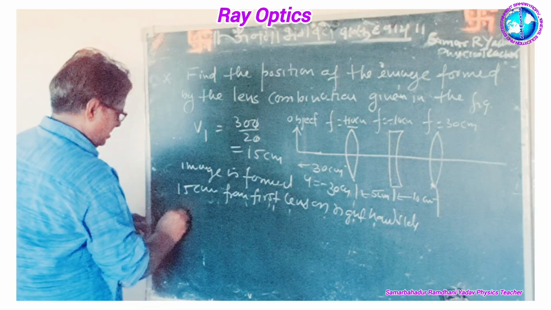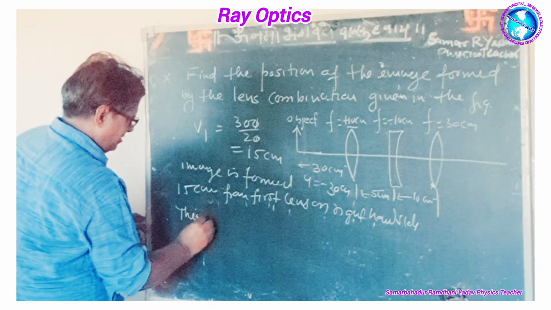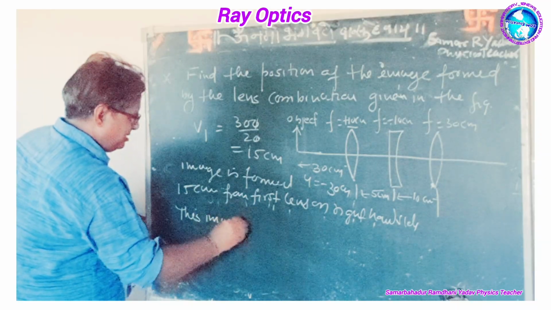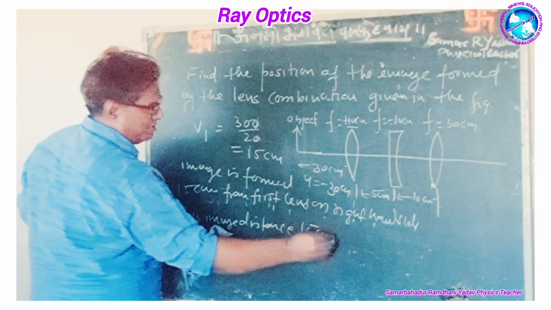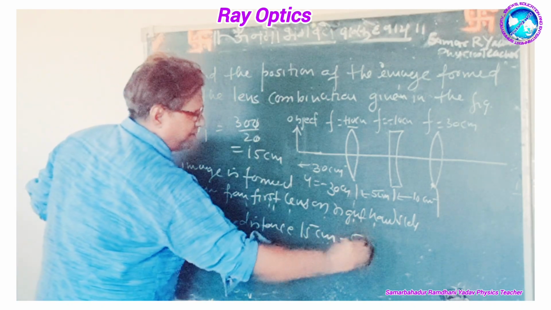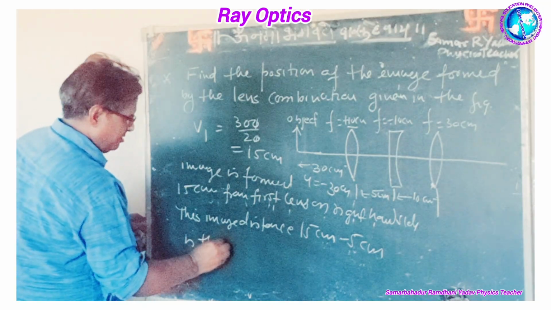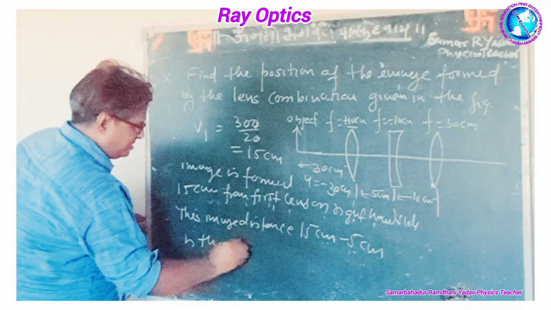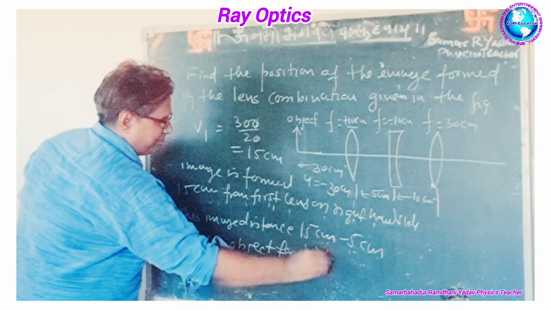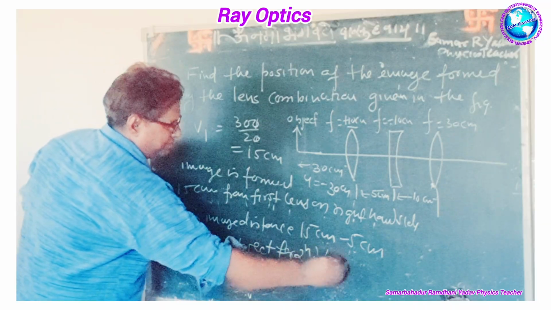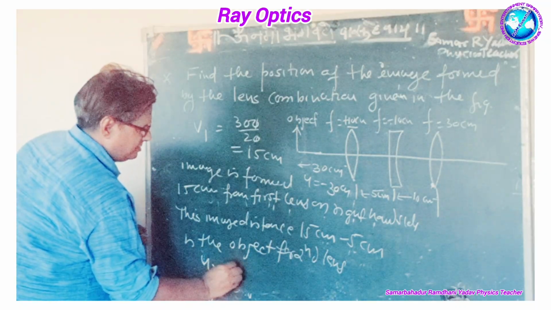Therefore this image distance, 15 cm minus 5 cm, is the object for the second lens. Therefore u2 is equal to 10 cm.